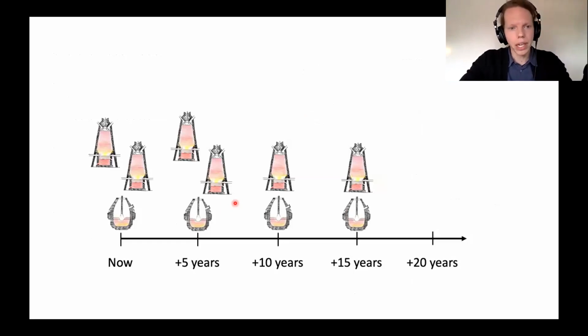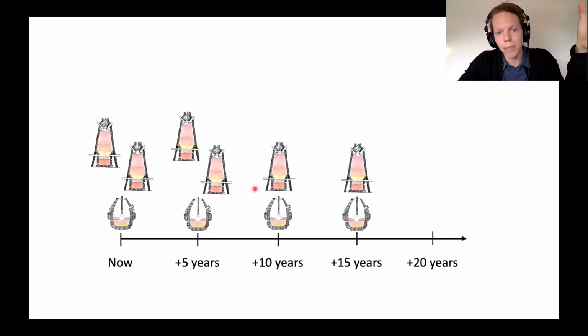Regarding the time horizon that we use, we can, for example, start with a situation at a steel plant where we have a configuration with two blast furnaces. Then we might expect that after 10 years, one of the furnaces is decommissioned or needs to be relined. So we can have that option as well. And then after 20 years, the second furnace is potentially decommissioned.